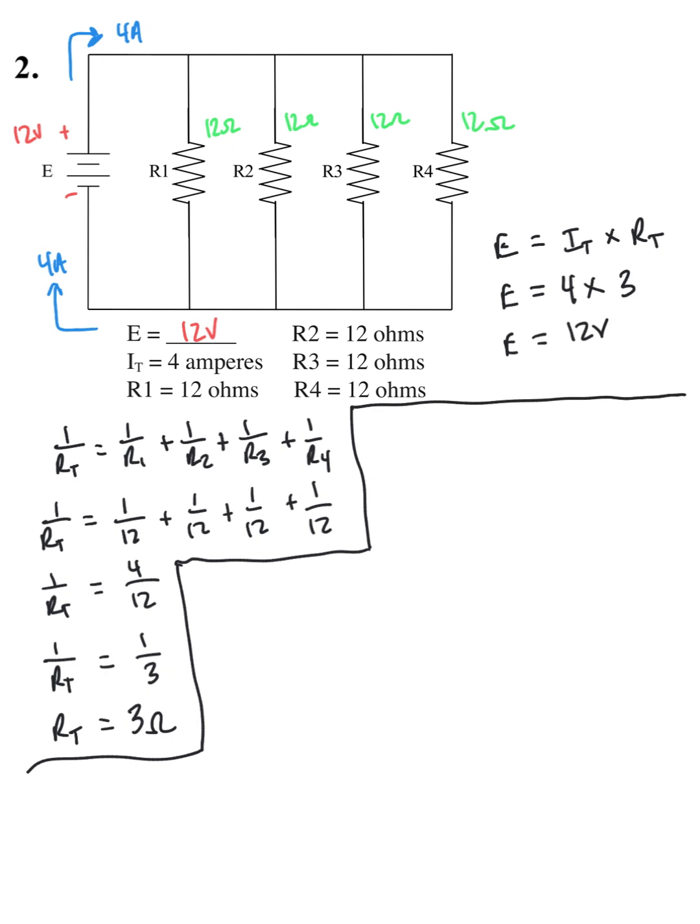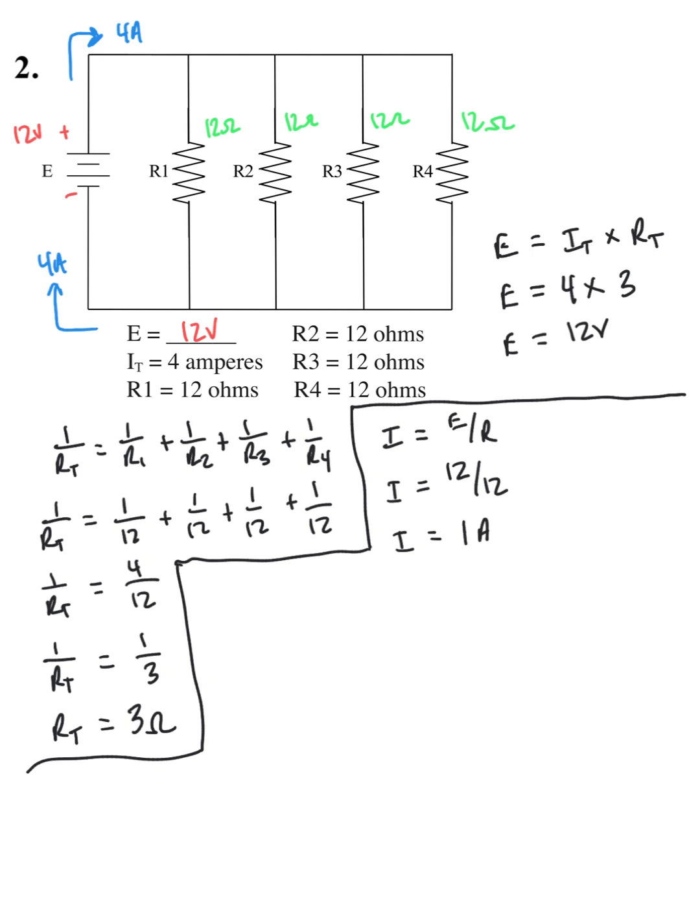And then again, if we wanted to figure out the different branches, they're all the same here. So we really just have to figure out one, right? Current would be equal to voltage divided by resistance. So in this case, each of the branches being fed 12 volts, and it's going to be divided by 12 ohms, right? So current through each branch is 1 amp.